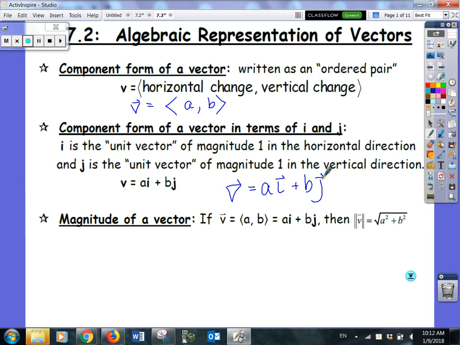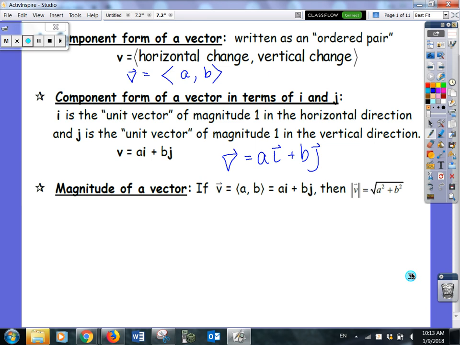And then yesterday we talked about the magnitude of a vector being its length. So now we're going to figure out how to actually find that length, and all it is is this formula right here. If you're given a vector and you know the horizontal and vertical change, either in component form or in terms of i and j, then the magnitude of vector v, that's what that symbol is, the two little lines on each side, is equal to the square root of a squared plus b squared.